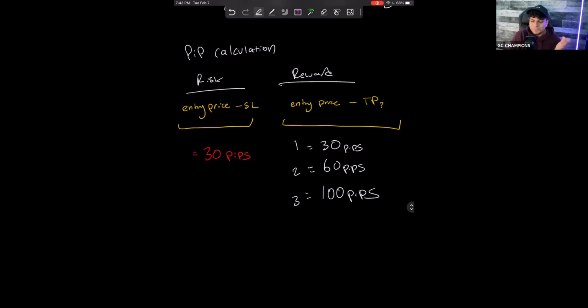If I go to my 100 pips, take profit 3, my reward will be 10/3, which is 3 point something. So you're looking at over a 3 risk to reward ratio in your favor. Knowing that, this would be a safe trade to enter as a beginner.